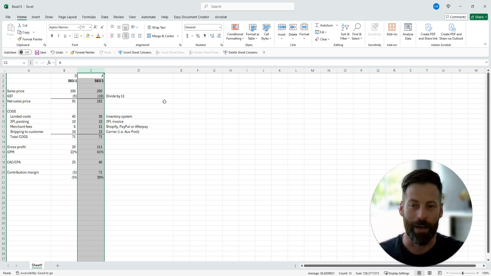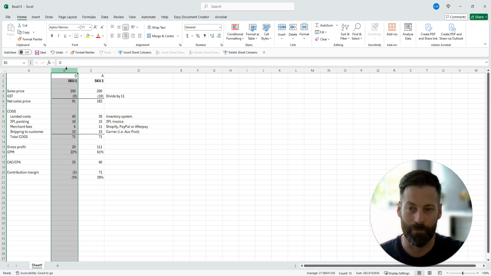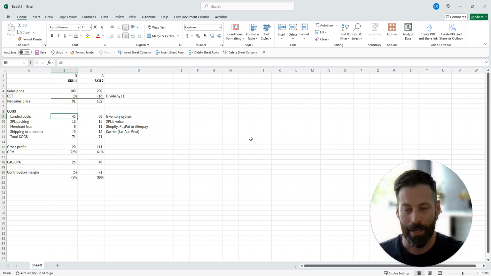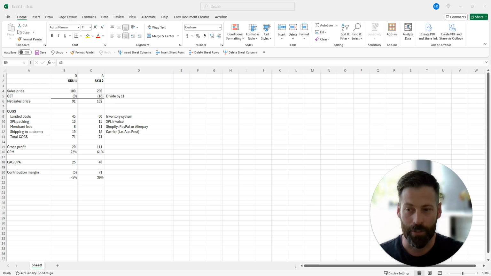And what happens is these other SKUs which are profitable are hiding it, because overall the business might be profitable, but these profitable SKUs are funding the loss over here. So by understanding your unit economics, you can really understand where you should be directing your marketing spend. You can understand which products you should be stocking and which ones you might want to take off the shelf.